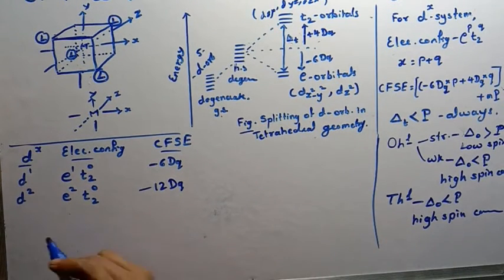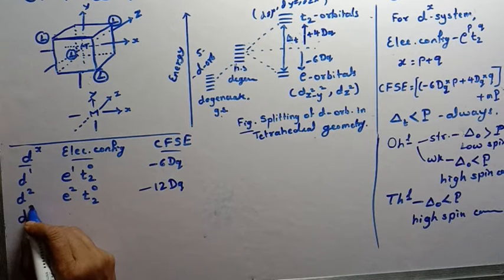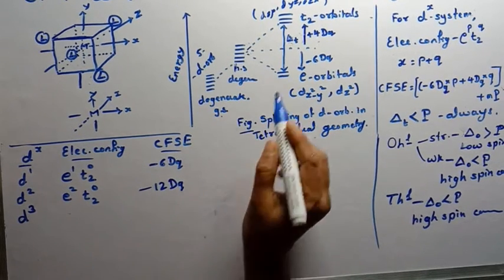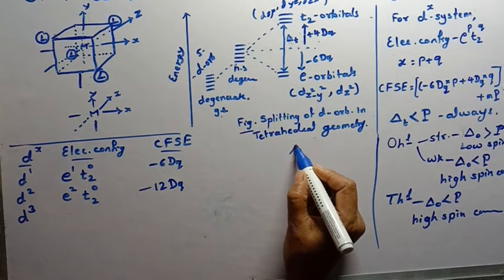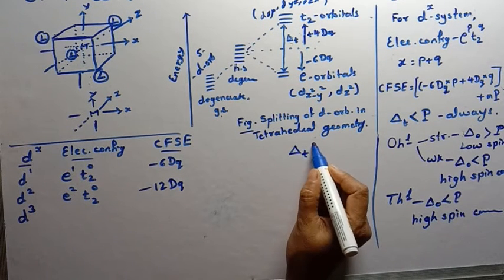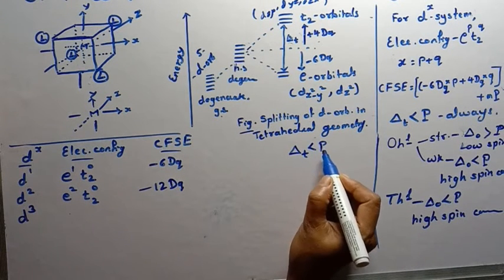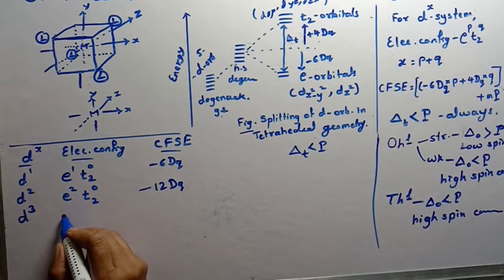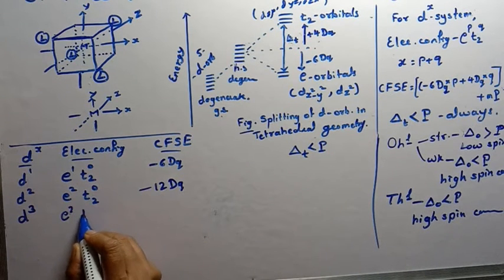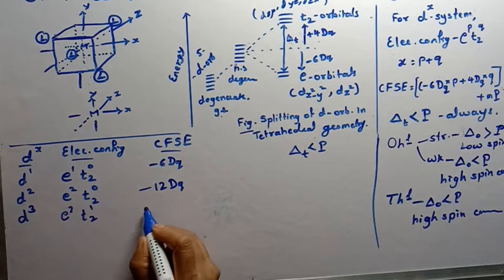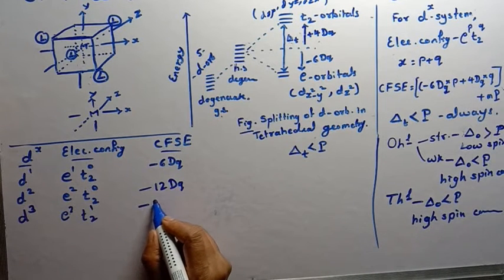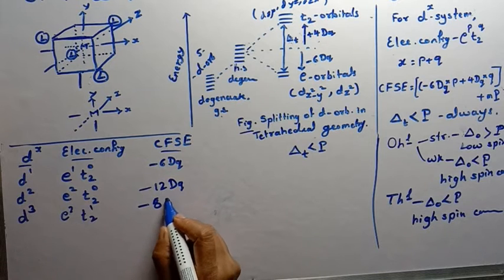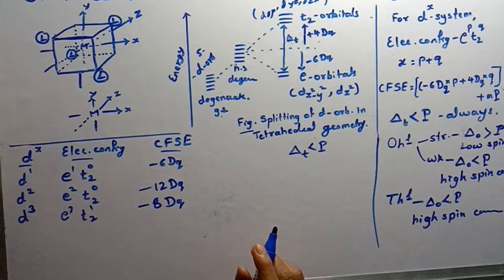Now the d3 system. In the d3 system, the third electron goes to higher energy level, because here delta T is lesser than P, so pairing is difficult. Therefore it goes to higher energy level, that is t2 raised to 1. So now the energy is raised by 4 Dq, therefore here it is minus 12 plus 4, which gives you minus 8 Dq.